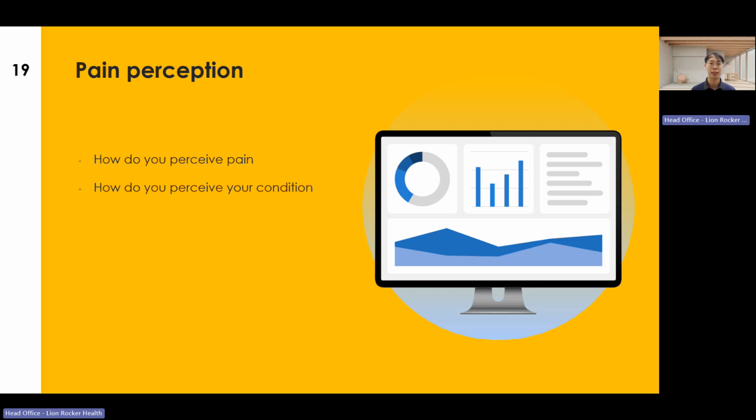It could be other factors like stress and anxiety. People who are in a high stress situation, people who suffer from anxiety or depression, would potentially be experiencing more pain as well because their brain tells them to.